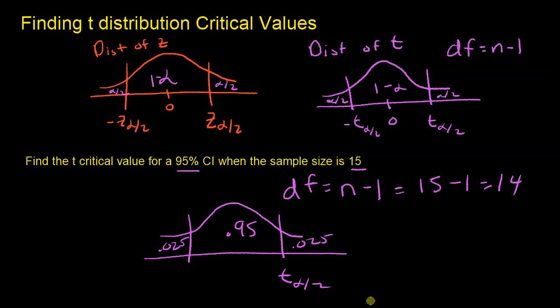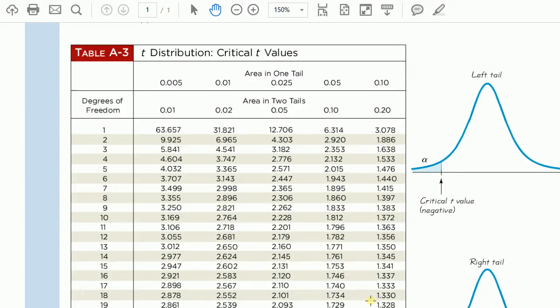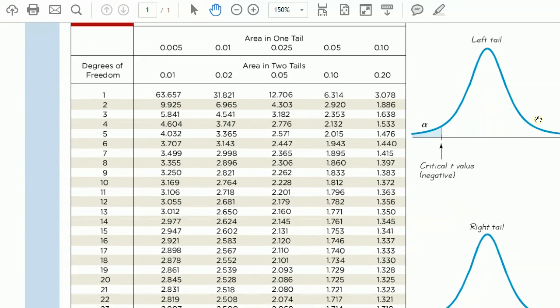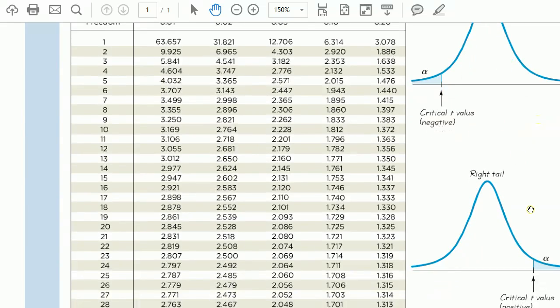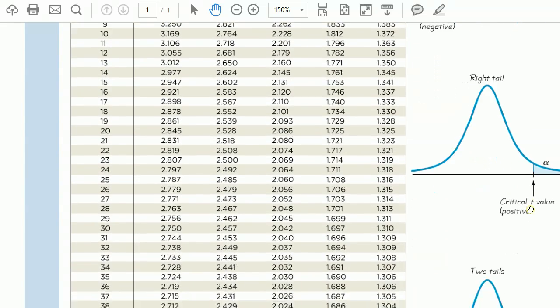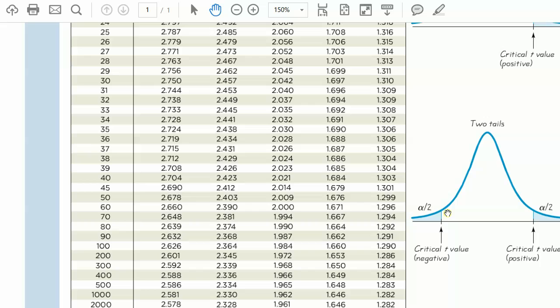Let's go to our t table and look this up. The t table will give the area in one tail, which is that 0.025, but it'll also give the area in two tails, which in this case is 0.05. There are visualizations to the right that remind you this is two tails.